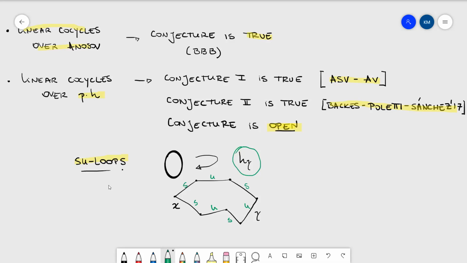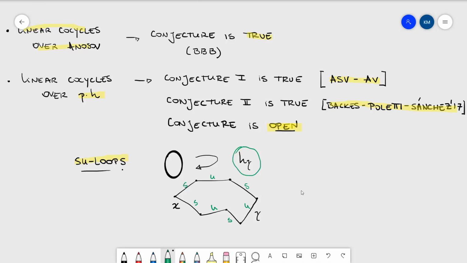I want to mention that the proof of conjecture 1 and conjecture 2 in this setting is not a straightforward adaptation of the case in the Anosov setting. It's not just replacing this with periodic points. It's a very complicated argument where they need to deal with very many difficulties because you have your partially hyperbolic map in the base.